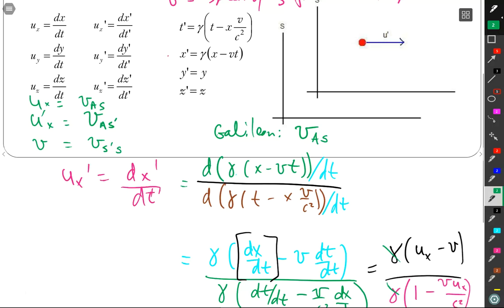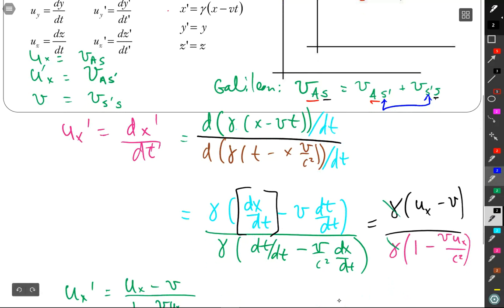So the speed of object A in the S frame is equal to the speed of object A in the S prime frame plus the speed of the S prime frame with respect to the S frame. Remember our rule: these inside ones are the same, and then the first one is the first one, the last one is the last one. So that's what the Galilean transformation would have been.